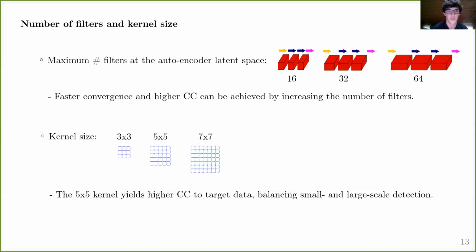Probably this is because it focuses on the small scale structures more than the 7x7, but it also has some detection of large scale structures. Whatever larger scales don't fit into the 5x5 can be obtained through the nonlinear combination of the filters, so it can learn how to map large scale structures that don't fit within the kernel size.